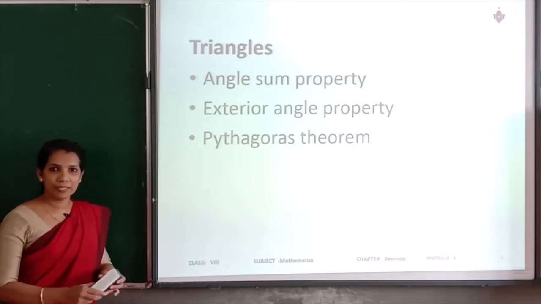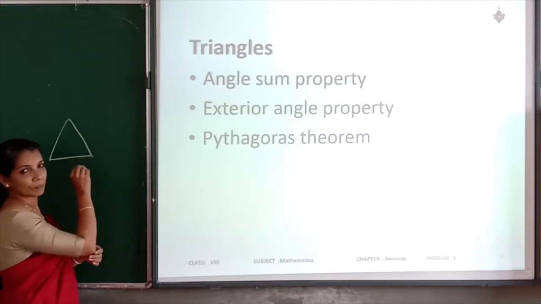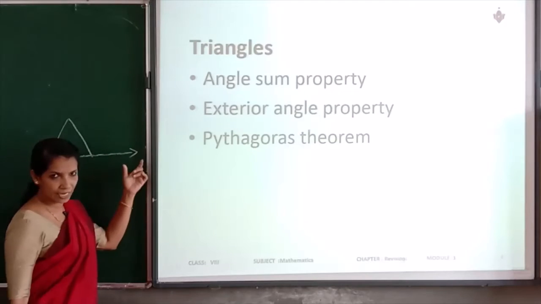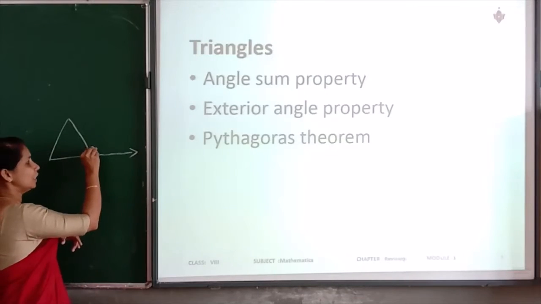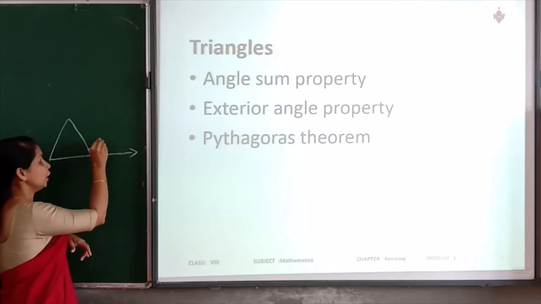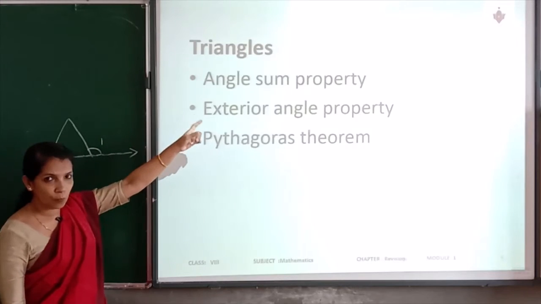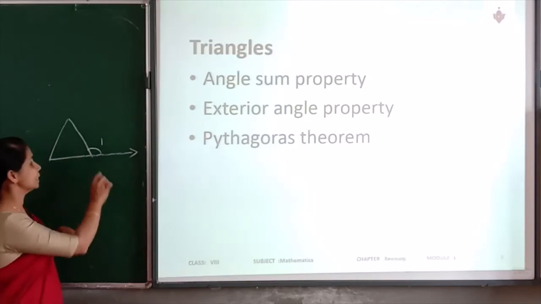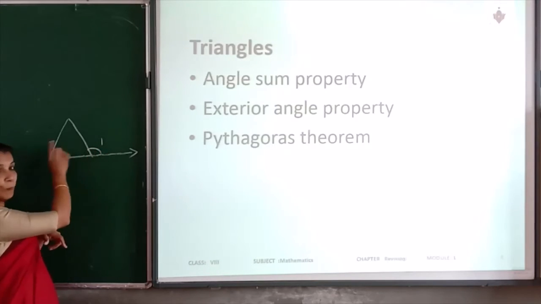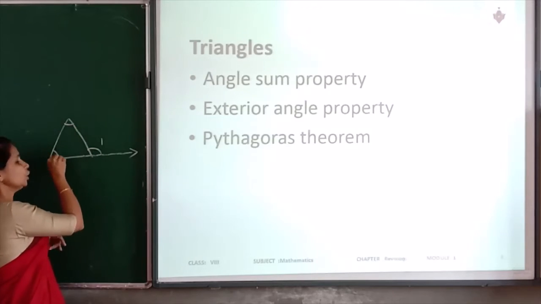If you consider one triangle and if you extend any one side to any direction, outside one angle is formed. This angle is the exterior angle. If you name that angle as angle 1, exterior angle property states that this exterior angle is the sum of opposite interior angles. The opposite interior angles are these 2 angles.